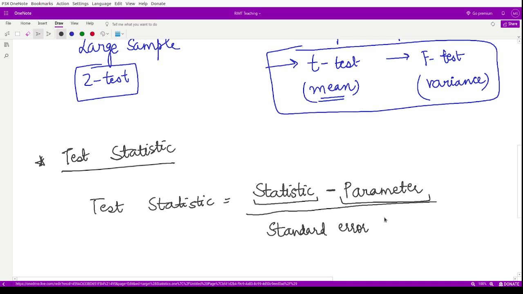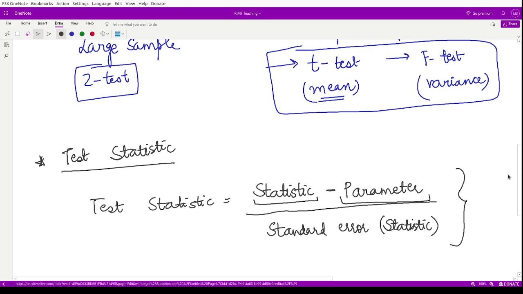The standard error is the standard deviation of the statistic, that is, of the sample. This is the general formula to calculate the test statistic. We'll see these formulas for different tests later on. So let's proceed further with other notations.